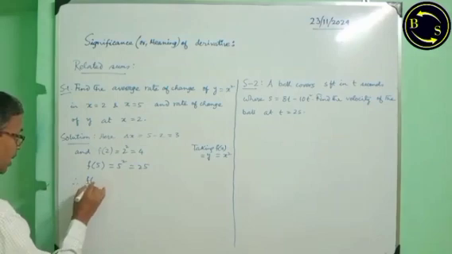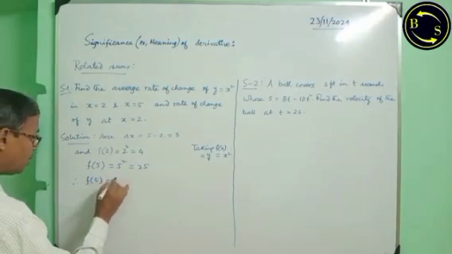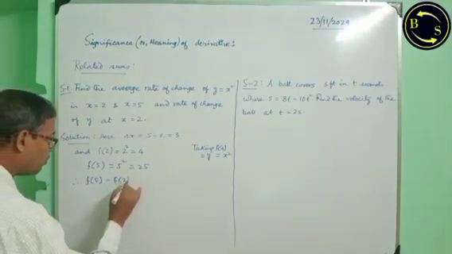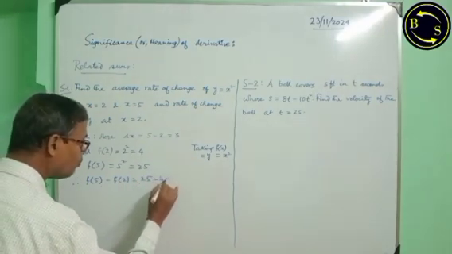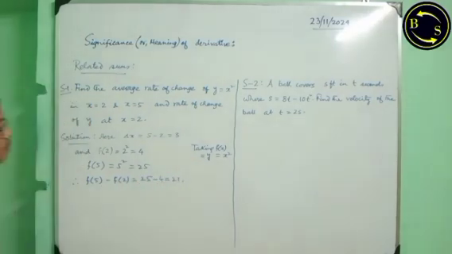Therefore f(5) minus f(2) is 25 minus 4, 21.